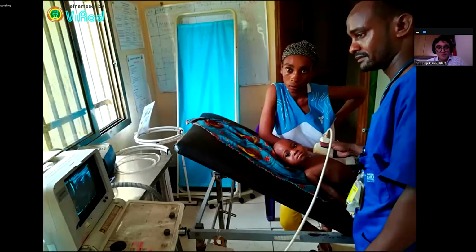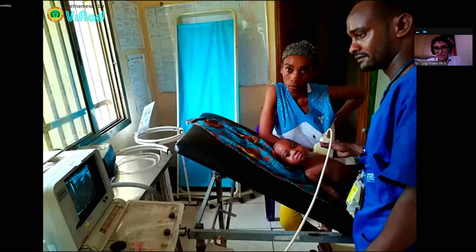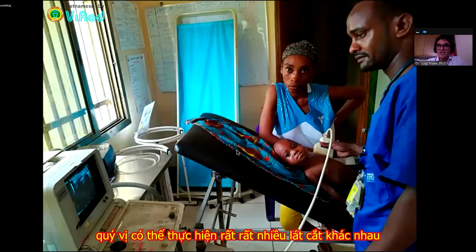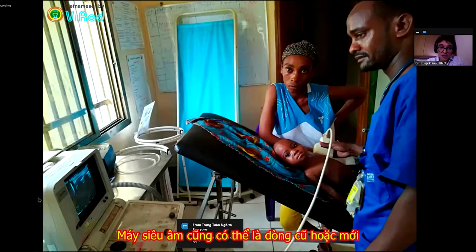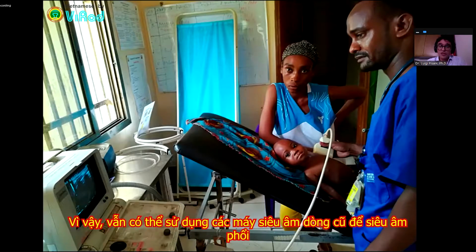And we can use many probes. For example, in children, one probe may cover the whole child, but of course, in adults, you might have to use many cuts to examine the whole patient. And the machine can be old or new. It's a technique that is based on artifacts, on errors often, so it will work also with older machines.